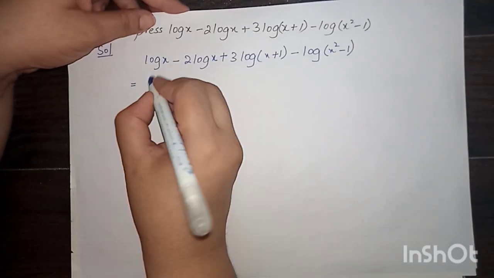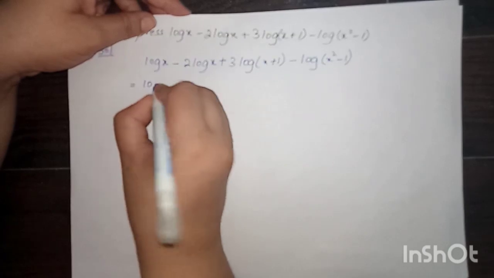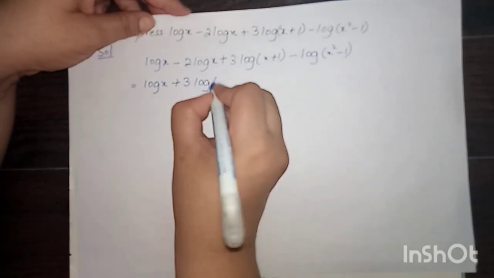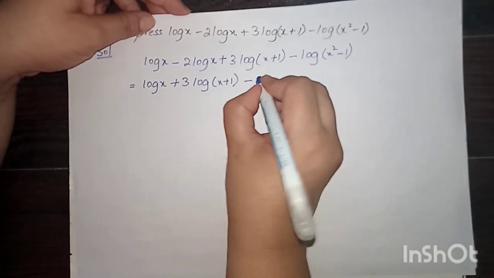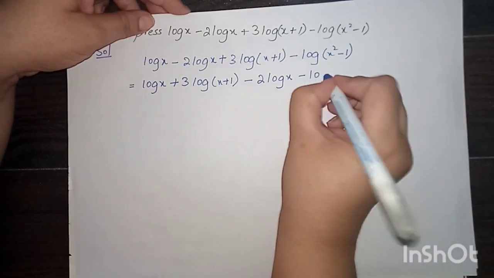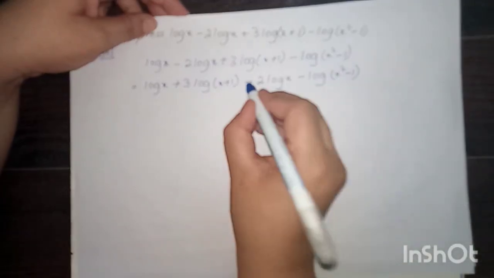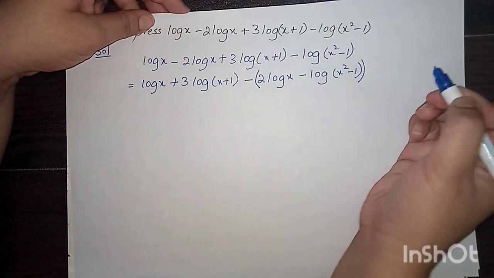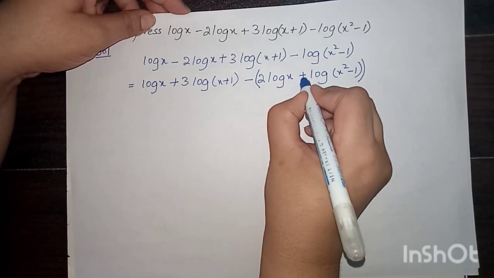So for this, first of all I will arrange these values. I will put log of x plus 3 log of x plus 1, and after this minus 2 log of x and minus log of x square minus 1. If I take the negative sign common, then I will draw the bracket. After taking the negative sign, this sign becomes plus.